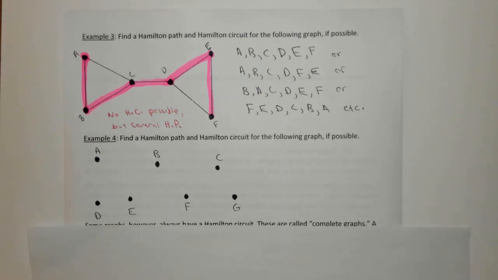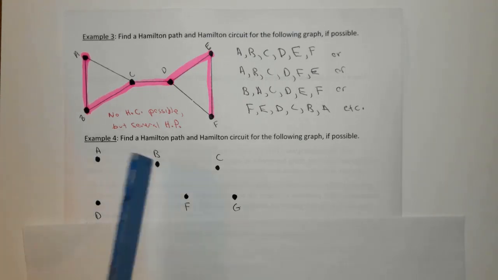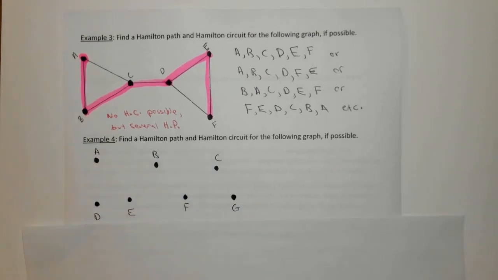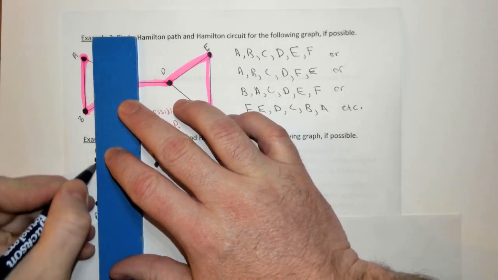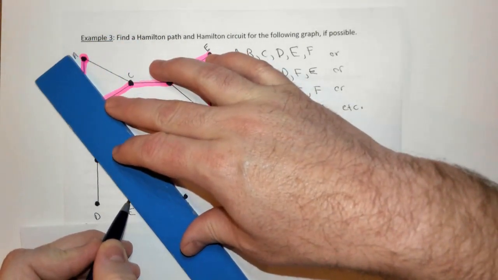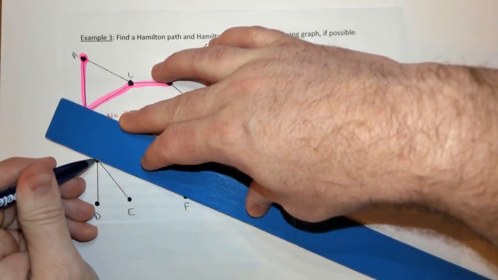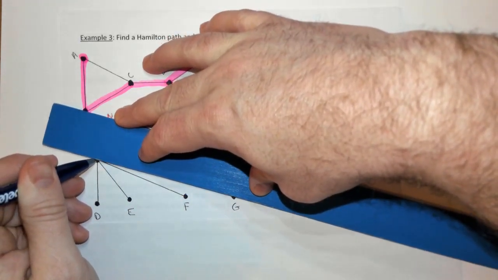So for this next example, I haven't completed it. I wanted to show you what I'm doing for this graph that I'm going to make. All of the vertices on top are going to be connected to the vertices on bottom. So for instance, after we do this, it's going to look like a spider web. A is connected to each of the ones on the bottom, B is connected to each of the ones on the bottom, and C is connected to each on the bottom.